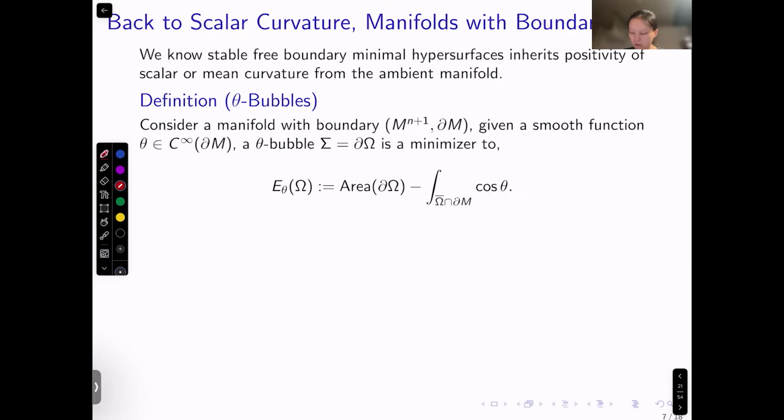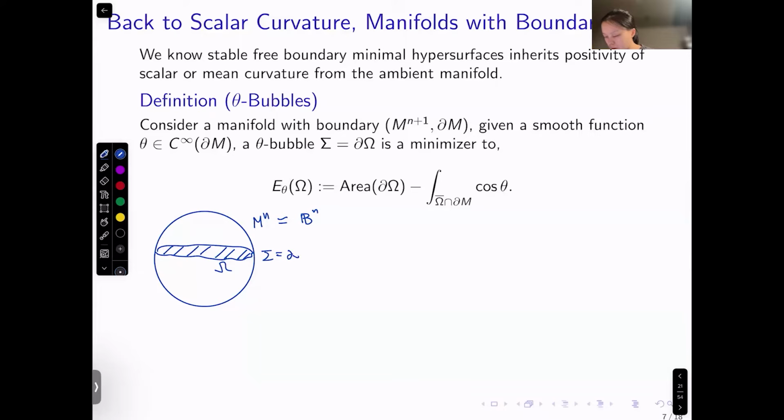Now I'm not looking at a manifold that looks like the sphere, but at a manifold that looks like, for example, the unit ball in Rn. I have a function I prescribe on the boundary of the ball. If I have an open set omega inside the ball, I can compute the area of its boundary the same way.